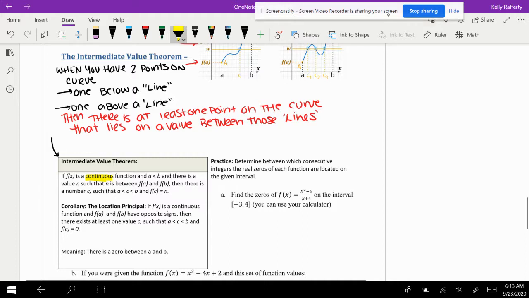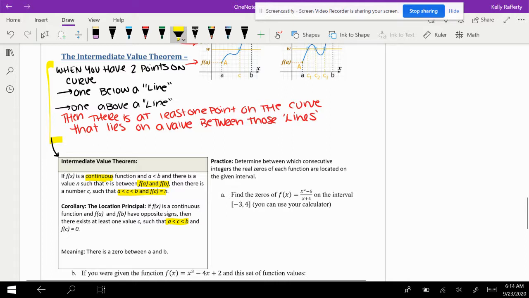So if it's continuous over some interval of points, there's a value such that between two y values, f of a and f of b, there is some number where, if we pick a c value, so that's another y value in between, then it'll be on that line or on that point.